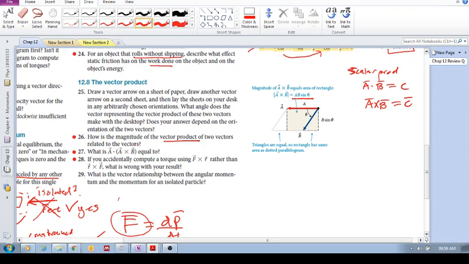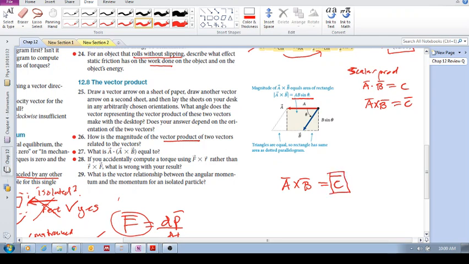Alright, well, we need to understand directions now of the vector product or the cross product. So A cross B gives us some vector, C, but what is the direction of this vector C?